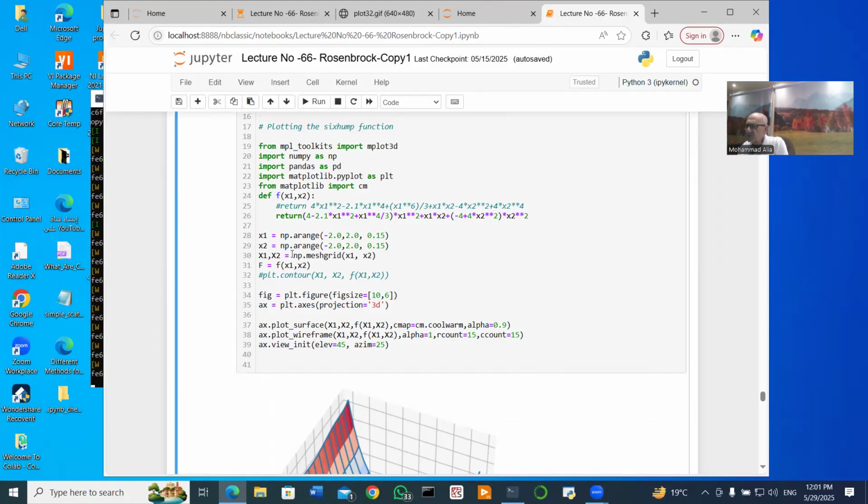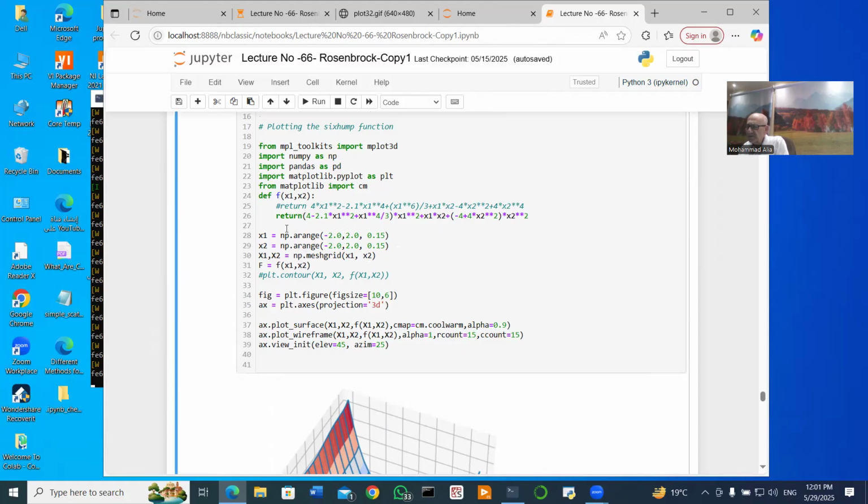And x2 also is taken as NumPy arange between -2 and 2. The steps are given equal so that we have equal points, 0.15. Of course, the number of points here will equal 4 divided by 0.15. It gives you the number of points.